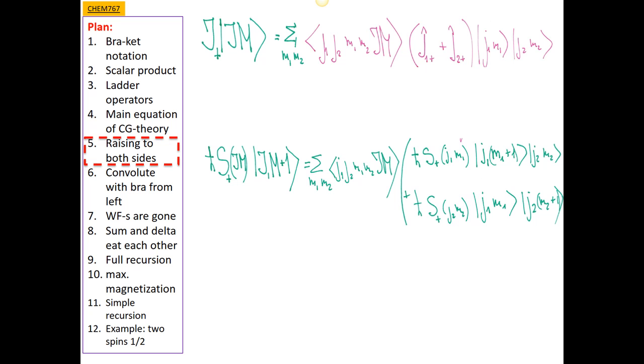And here we have J, M1 plus 1. We do not touch the Clebsch-Gordan coefficient, so the operator acts on the ket.